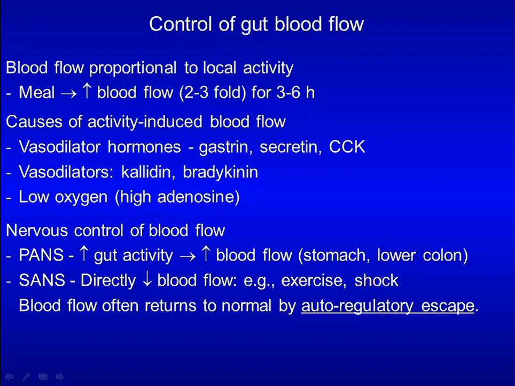However, after a few minutes of this vasoconstriction, blood flow often returns to normal. The local metabolic vasodilators that are generated by ischemia override the sympathetic vasoconstriction, returning toward normal the necessary blood flow. This phenomenon is called autoregulatory escape.